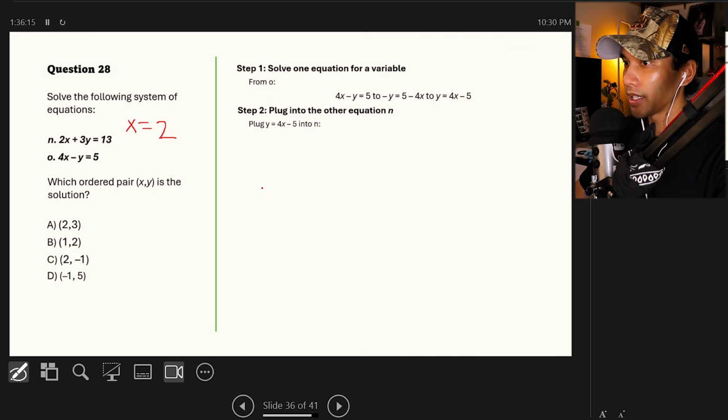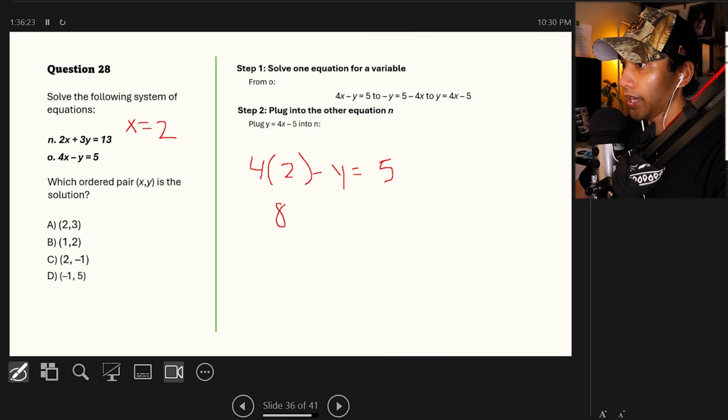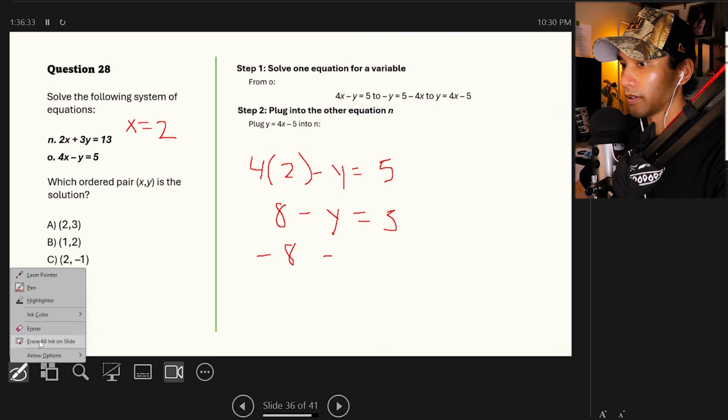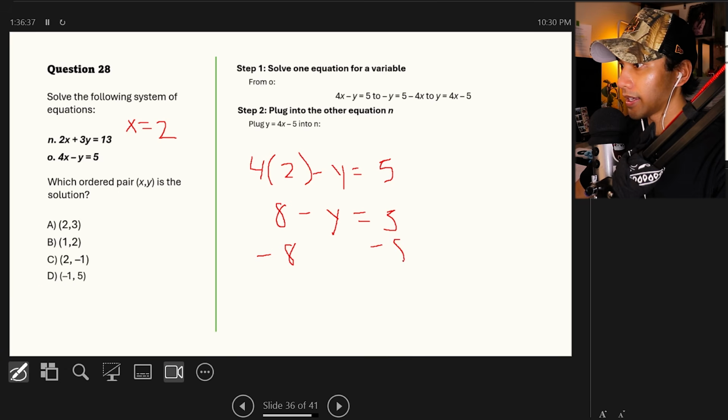So let's just plug it into the first equation. 2 minus y equals 5. 8 minus y equals 5. And then minus 8, minus 8, negative y equals negative 3.